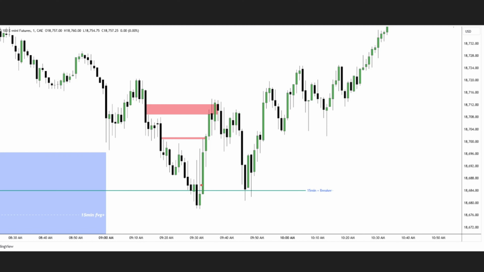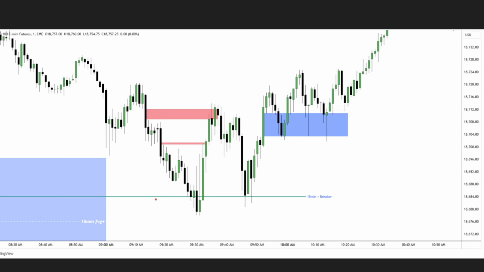Okay. We then come lower one more time, right? And then drive higher. And then we use this bullish gap in here.